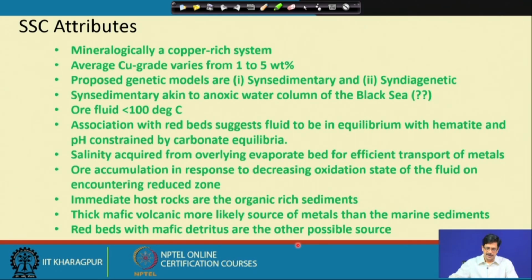Even though we do not see a very prominent magmatic component here, we see the mafic members as detritus within the sedimentary horizon, and they could possibly contribute, because we know that copper can come from a basaltic source much more than from any sedimentary horizon like a shale or a sandstone. So the red beds and the detrital mafic components are also potential metal contributors in this kind of system, which give rise to the stratiform sedimentary copper deposits.